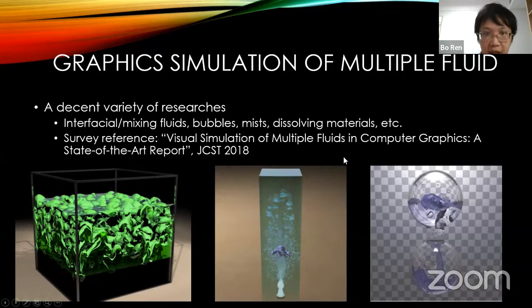Simulating multiple fluids has a long history in the computer graphics community, and there is a decent variety of research ever since 2003. The very first papers are on interfacial flows, and later, since 2010, there are some miscible flow works.